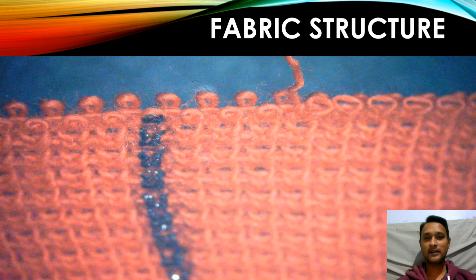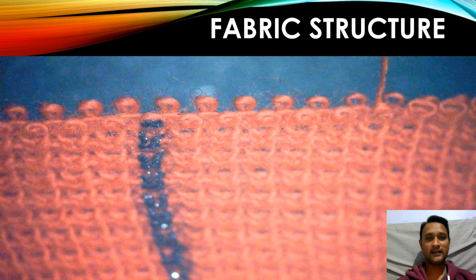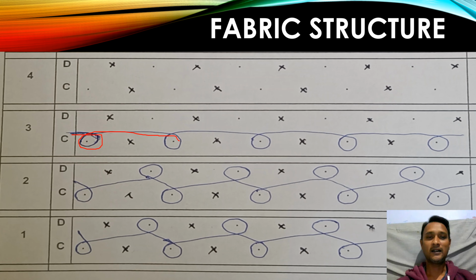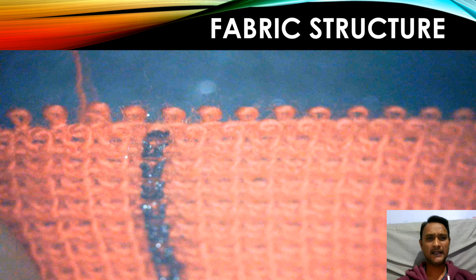Only on the cylinder side, all the needles are getting knitted. So we can notate it in a very simple manner. Only the cylinder needles are getting knitted. On the dial side, the yarn is completely missed. So let's move on to the next course, course number 4.